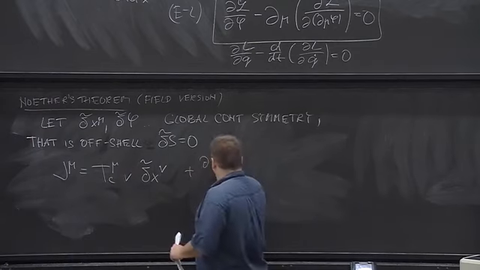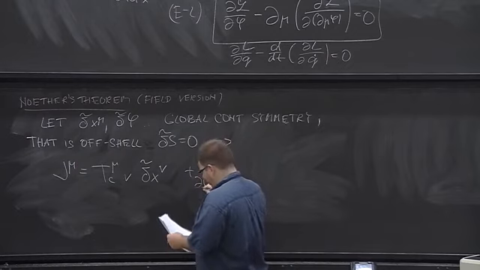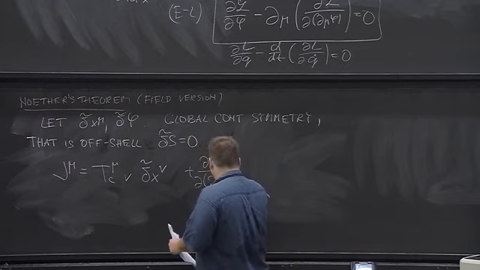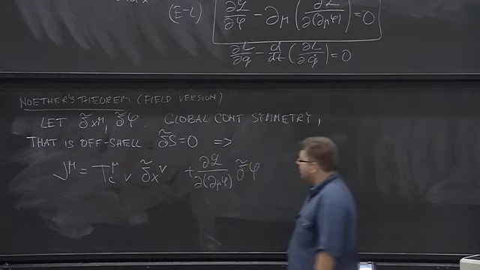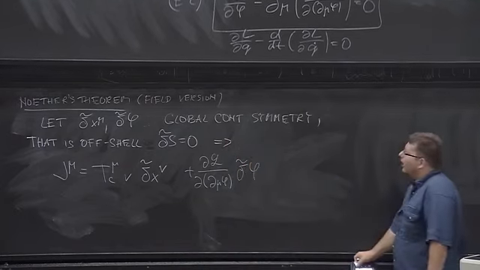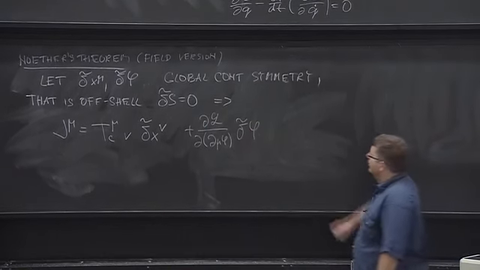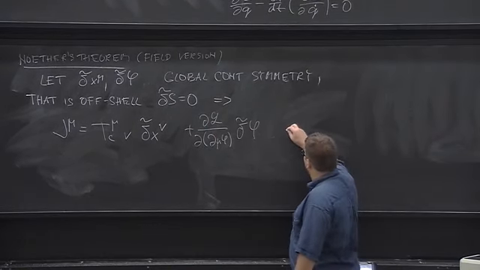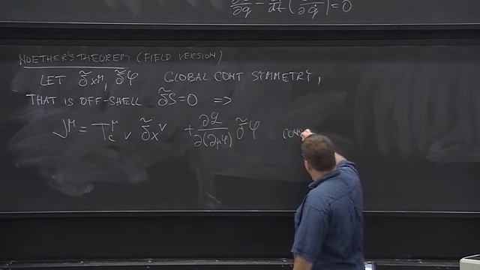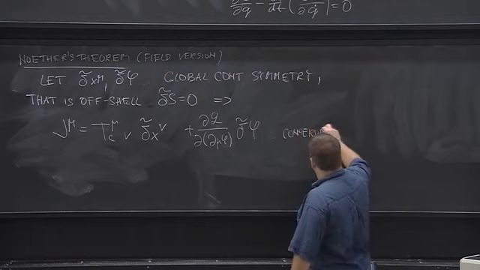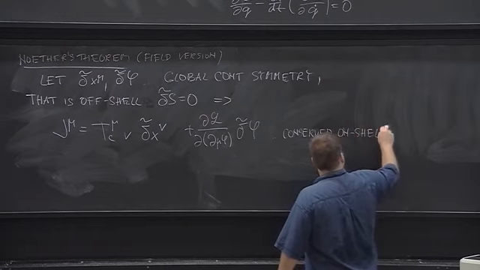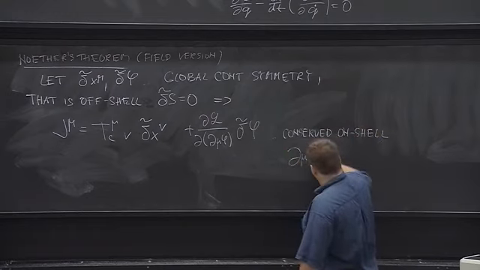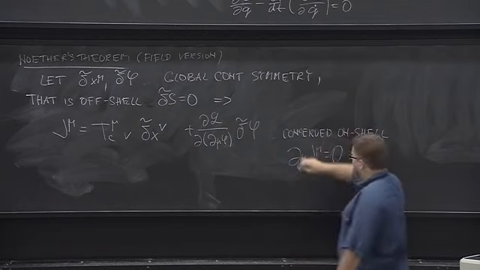And then plus dL over d partial mu phi delta tilde phi. Okay? And so you have this current, and this is conserved on shell, meaning d mu J mu equals 0.